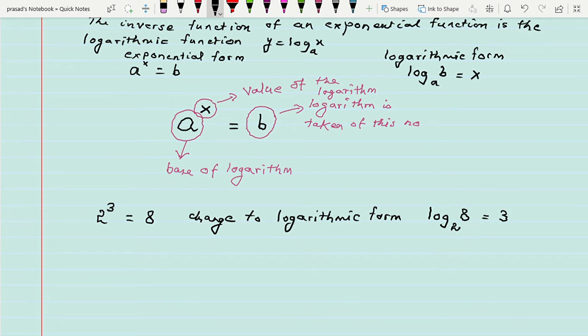Okay, take another example. 5 to power negative 1 is 0.2. Now you tell me, how will you change to log form? You have to change to logarithmic form.